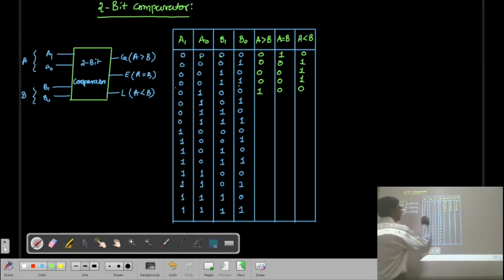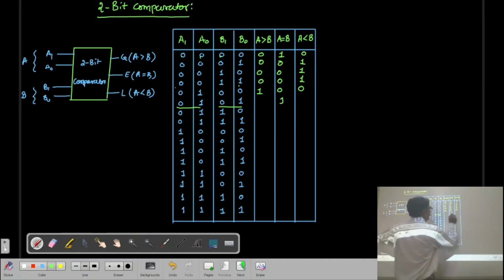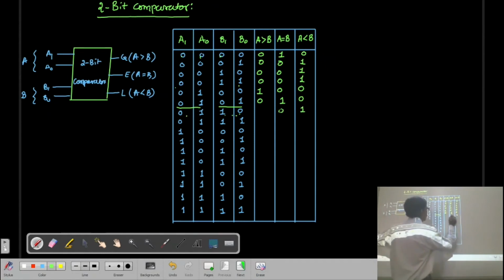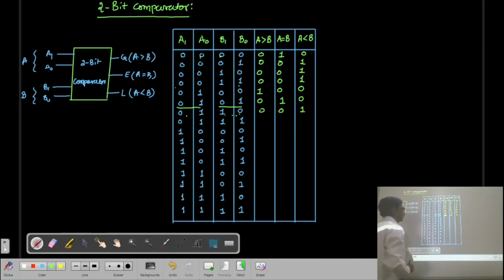Now you look at this, this is 0 1, this is also 0 1, which means A and B are both the same, so this E output will be high and these are 0 0. Correct? Then we have 0 1, that is 1, and 1 0, this is 2. So B is greater than A, so this output is high and these are 0 0.